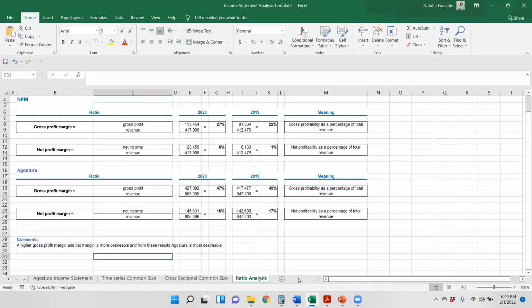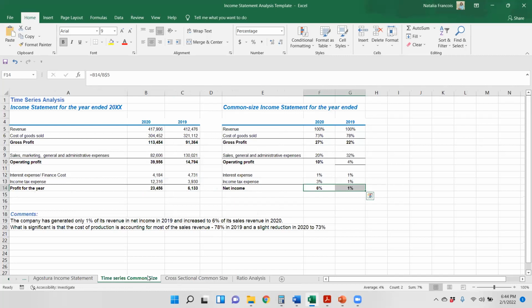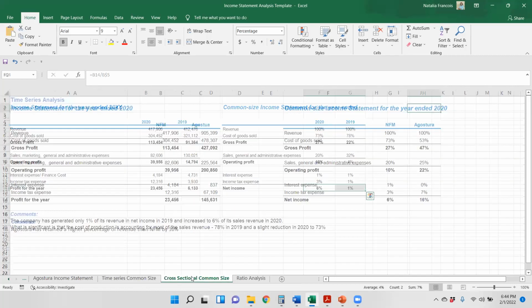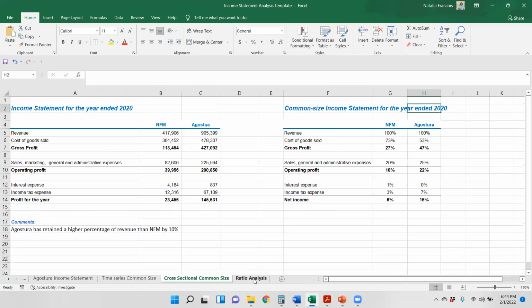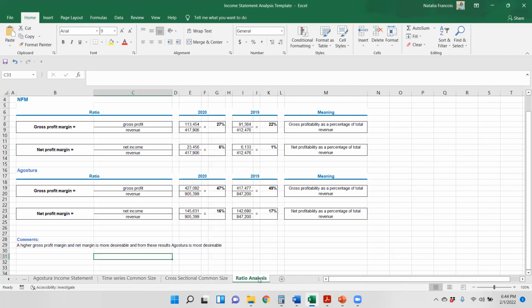Ratio analysis now. I'm telling you all these analyses, but if you have to do it for a job, you only need to do one because you're going to get the same figures. But we just need to know how to do it. So we have a time series, we have cross-sectional, and now we have ratio. 2 particular ratios we use to analyze the profitability of the company are the gross profit margin and the net profit margin.